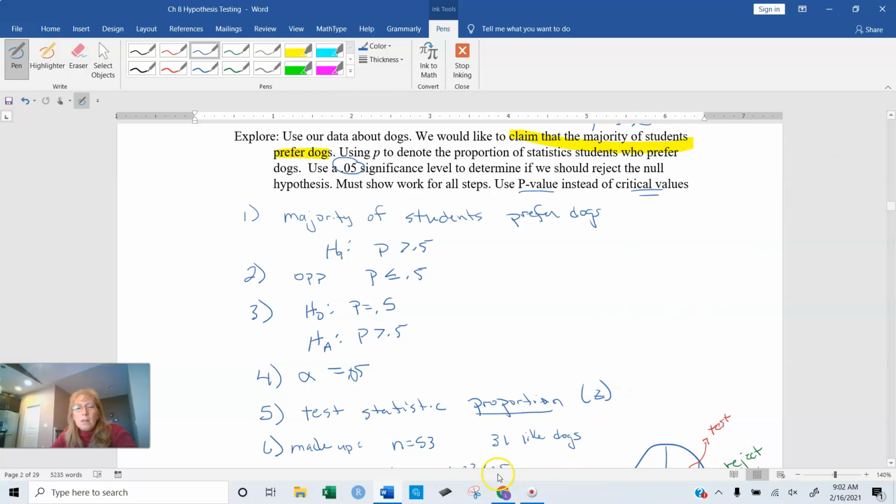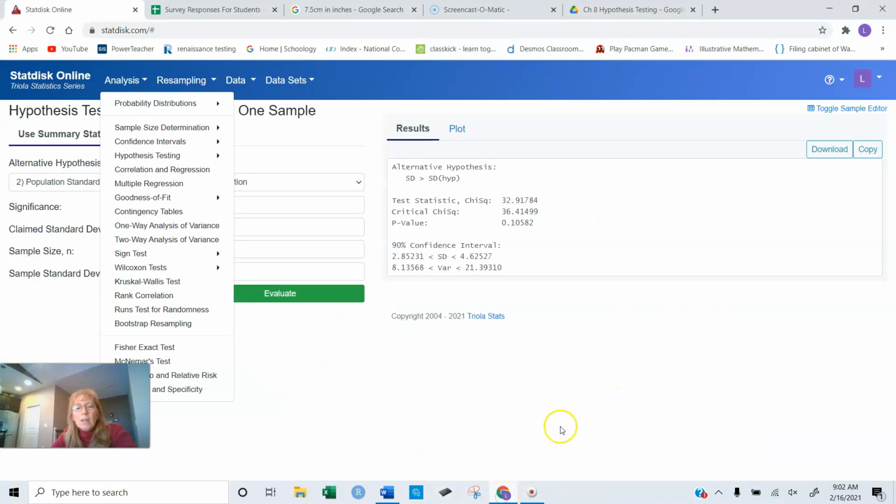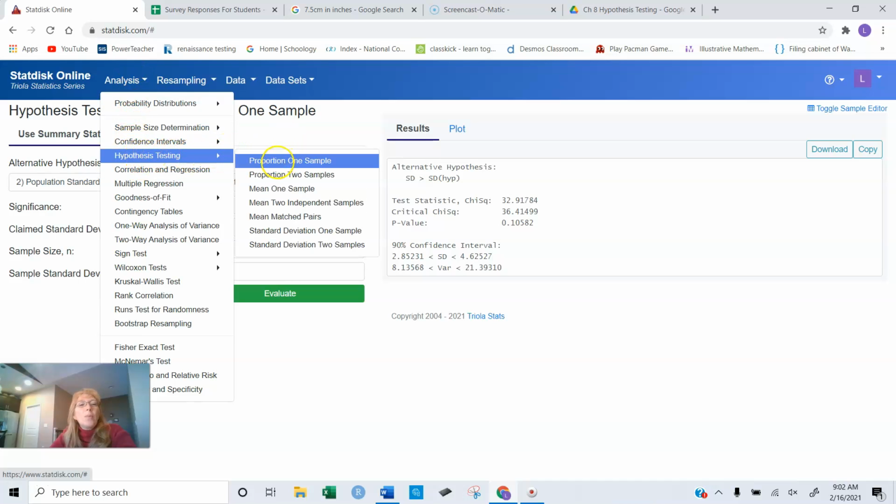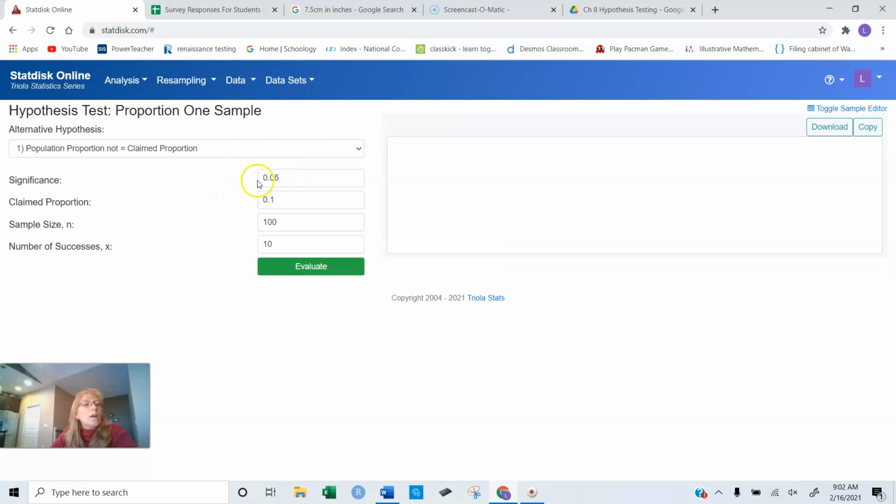All right, so I made this stuff up, but let's go to StatDisk and see what happens. So probability, hypothesis testing, and we're going to do proportion of one sample. Our significance was 0.05. We are going to claim it's 50%. Oops, I forgot to do the top.